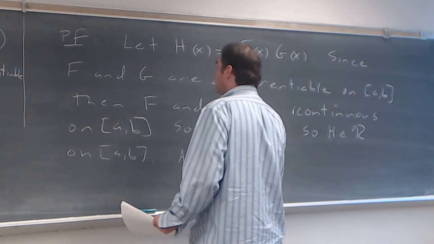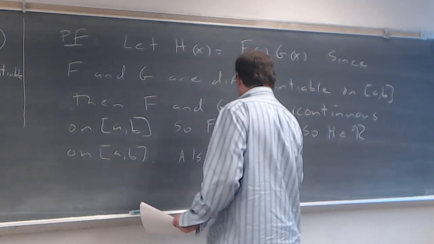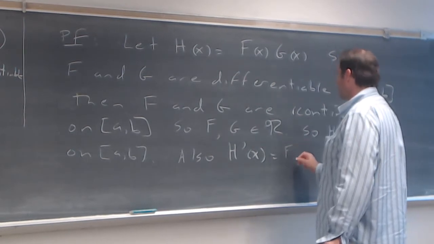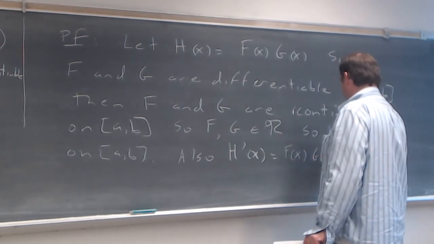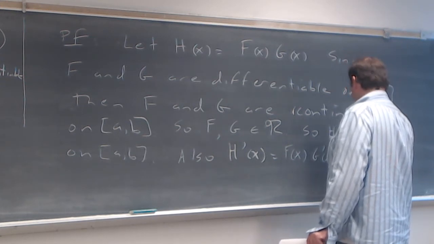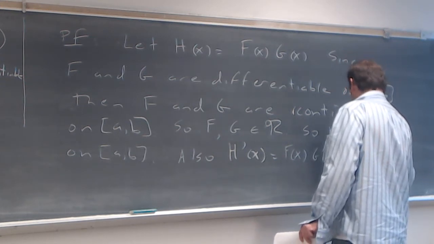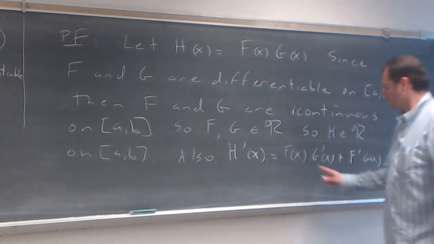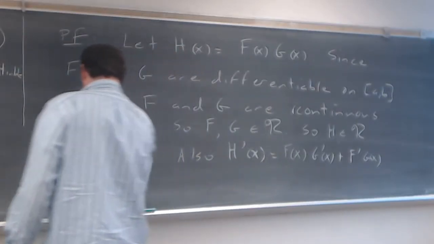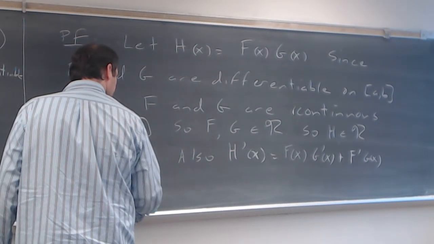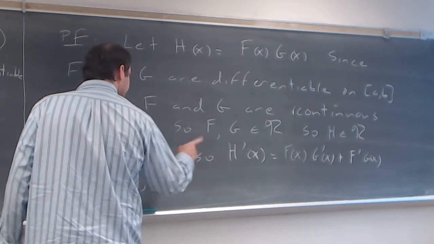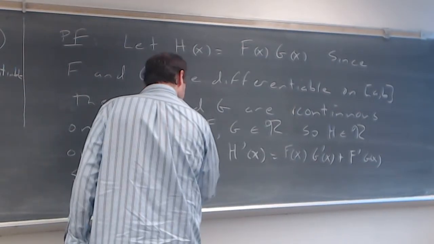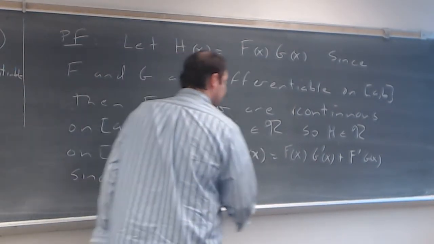Also, you'll notice the derivative of H. I'd use the product rule. So I'd write down the first times the derivative of the second, plus the derivative of the first times the second. Now, here we've said that F is integrable. G prime, which is equal to little g, by assumption is integrable.